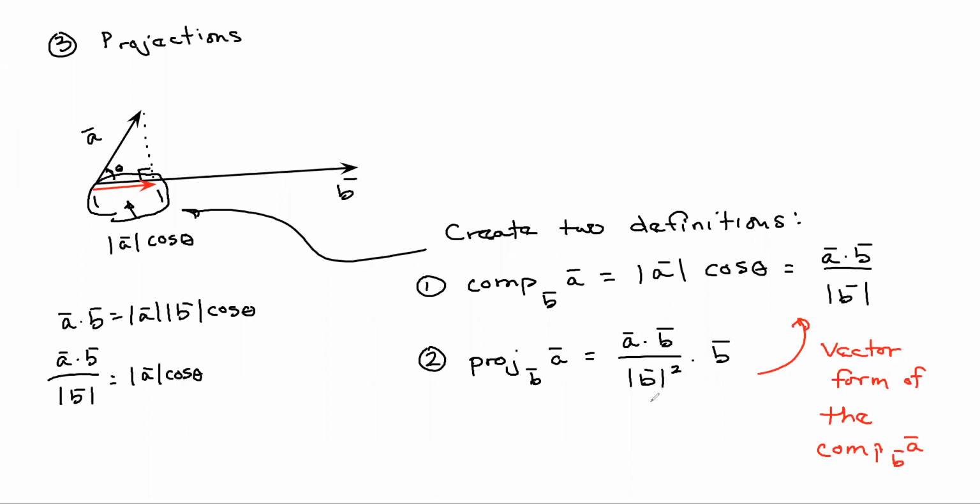Okay, and it has this as its formula. Okay, so now that we have these two formulas, let's make sure that we can use them to calculate some projections. Let me actually comment one moment more before we do that.